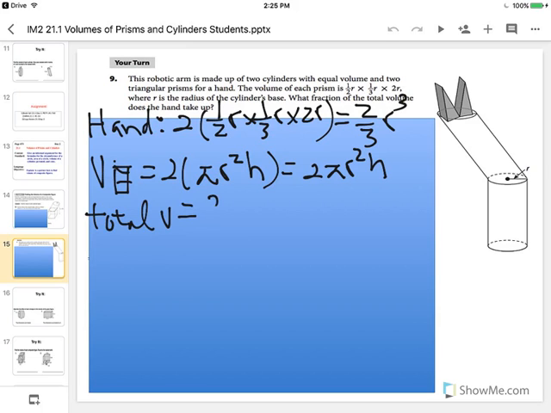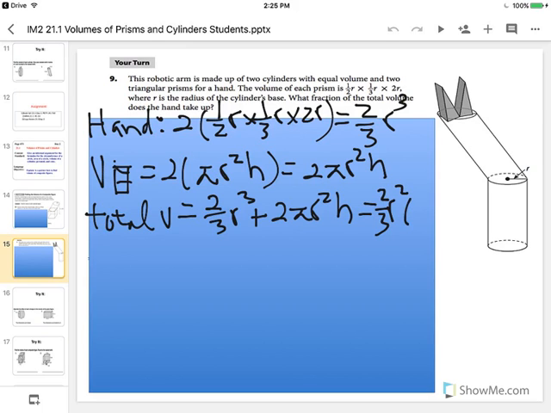It will be 2/3 r to the third power plus 2 pi r squared times the height. We can combine those. Maybe we can factor some of these out: we can factor out an r squared, and we also factor out a 2/3.